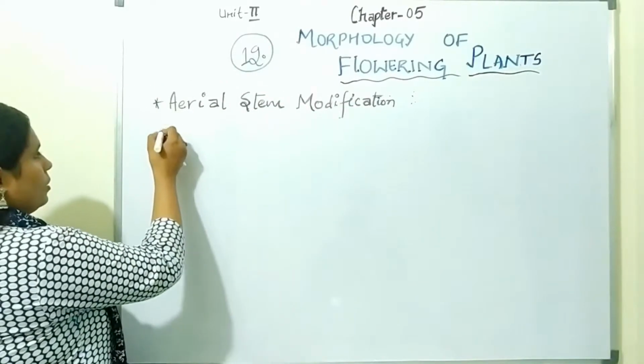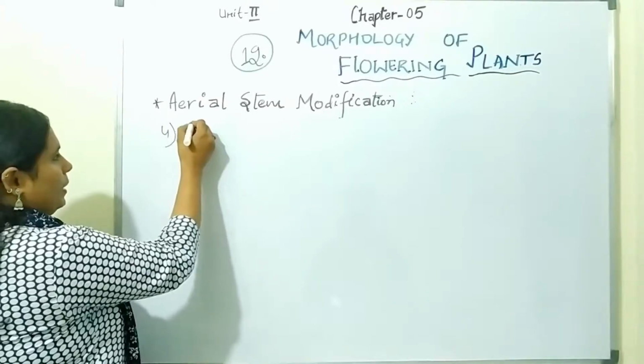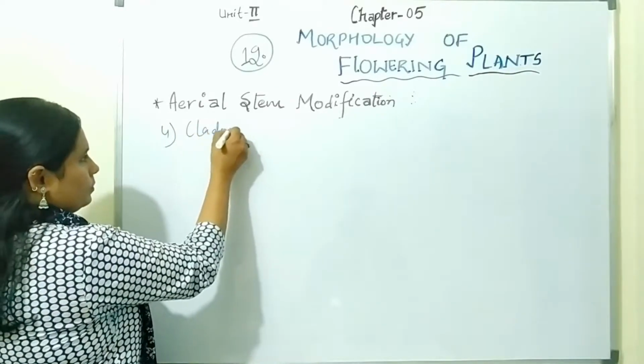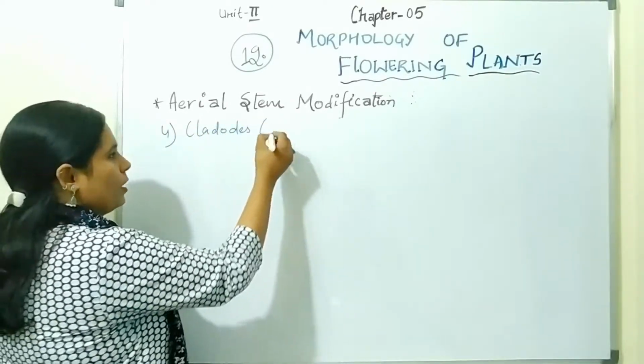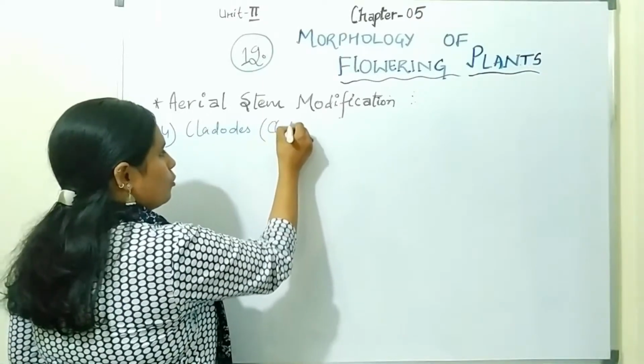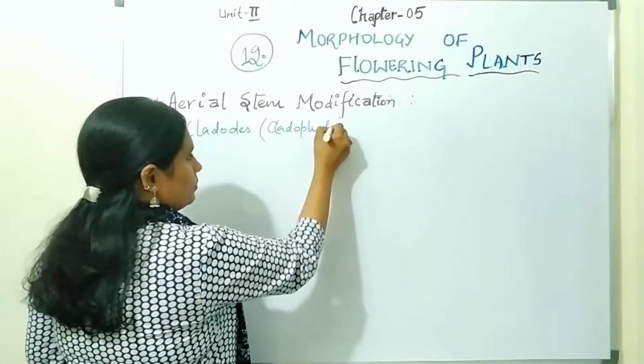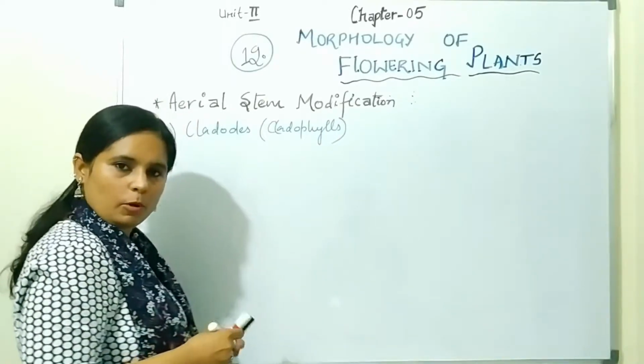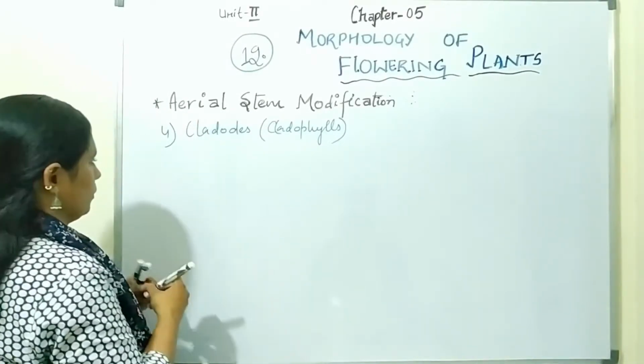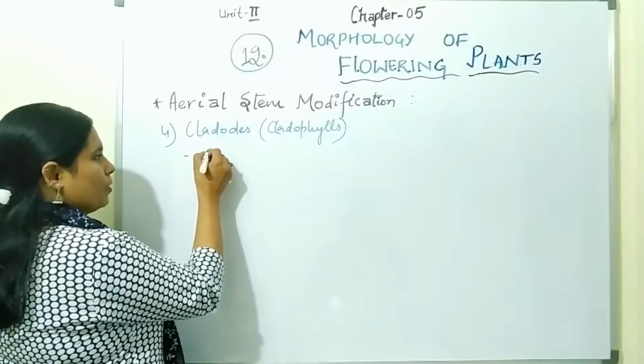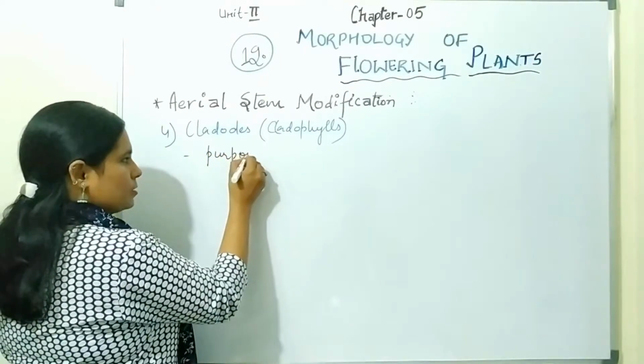So first here that will be cladodes, which can also be called cladophylls. These are the modification of aerial stem for the purpose of photosynthesis.